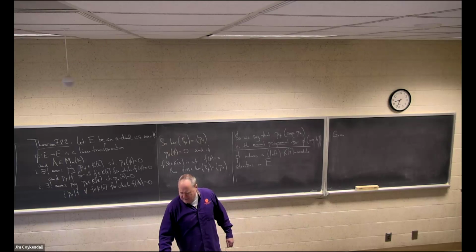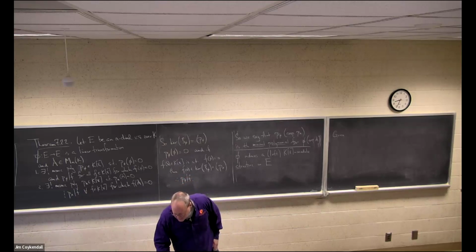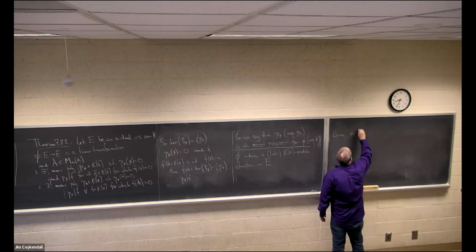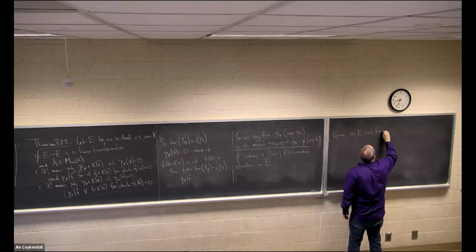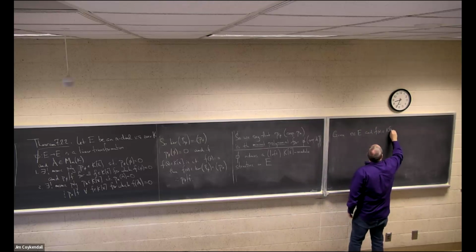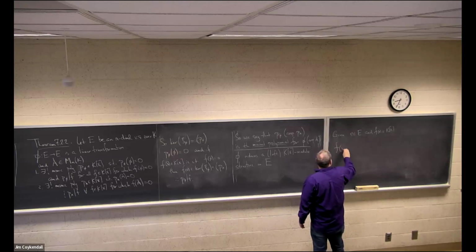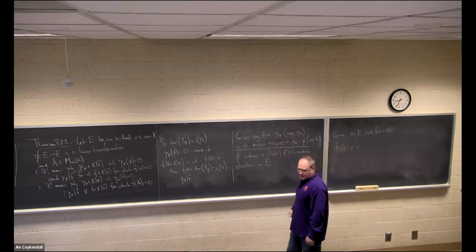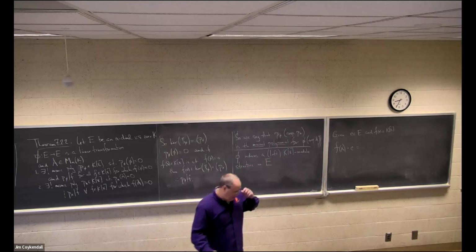Given some v in E and f in K[x], I am going to say that f of x operates on E by plugging in the linear transformation and seeing what it does.